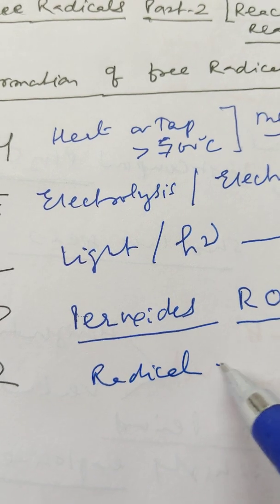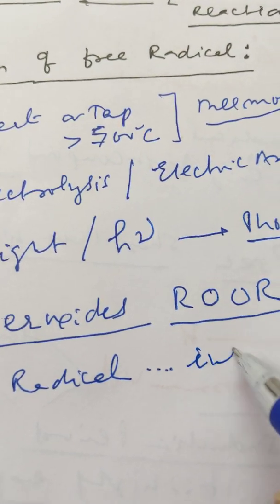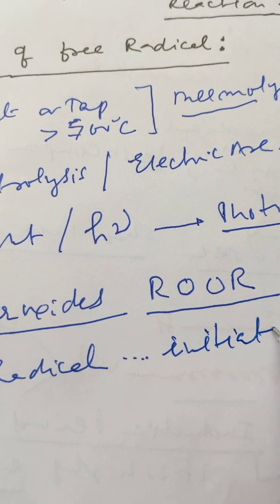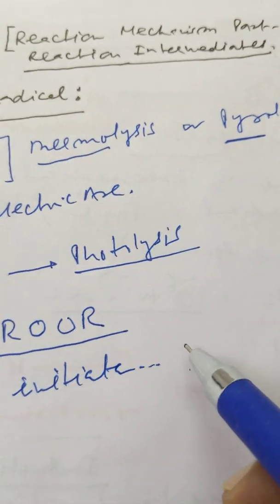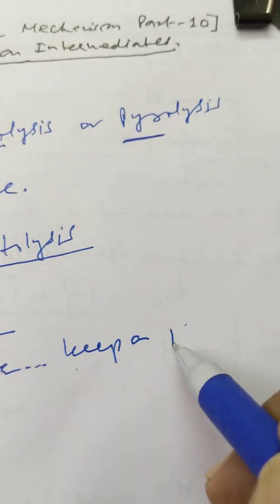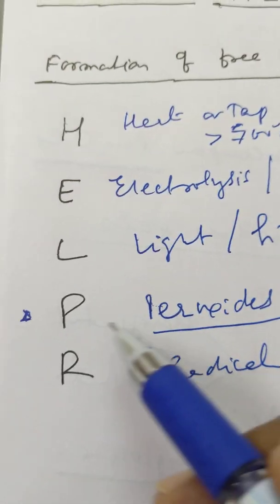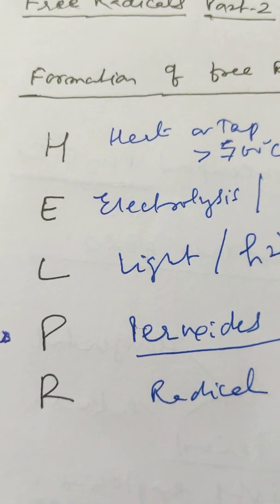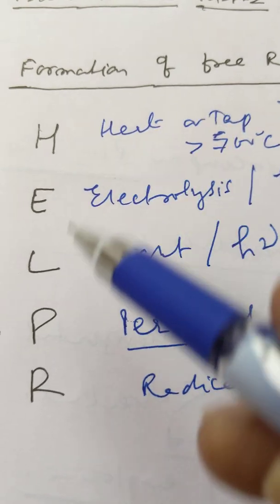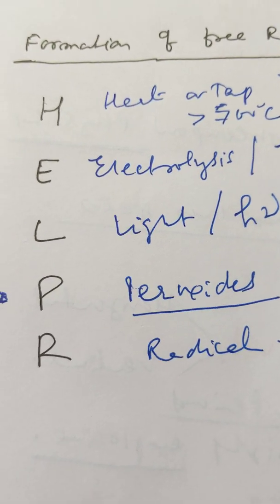Radical is a very good initiator of reaction, and radical will keep on propagating. But radical is formed from all these things. So these are the 5 different ways through which a free radical is formed.